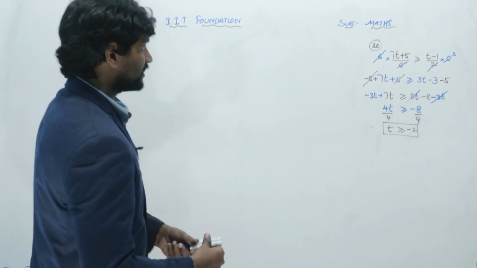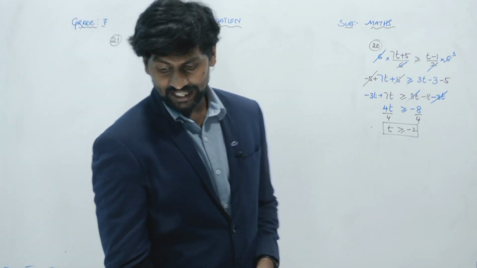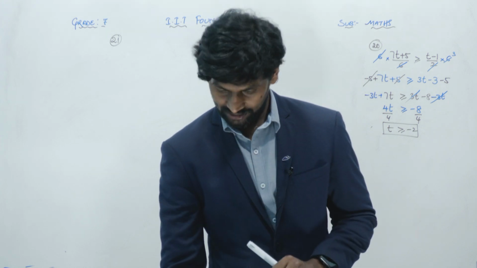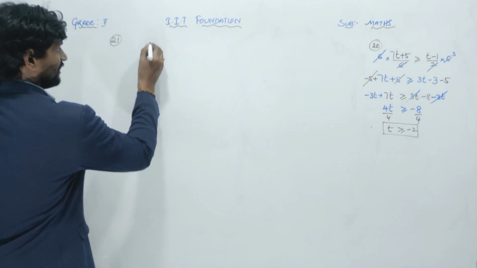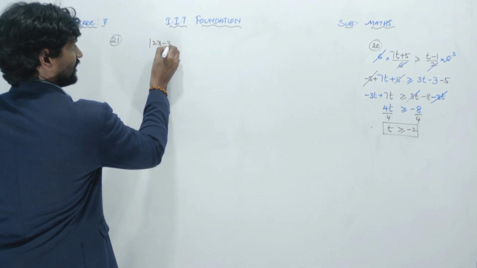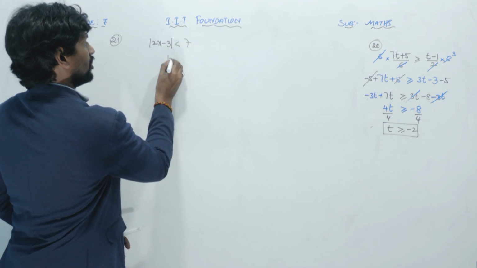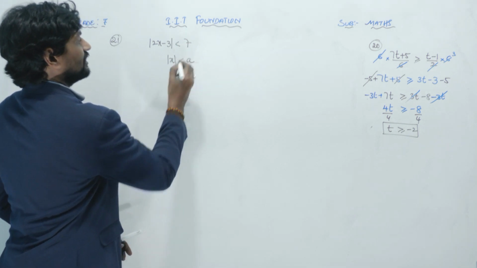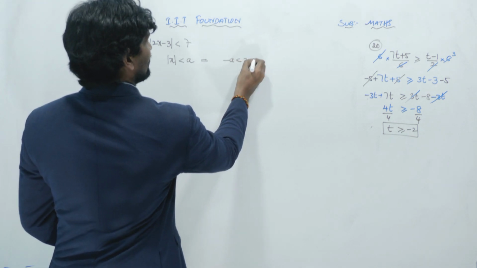Yeah, the 21st question is: the number of integral solutions of modulus of 2x minus 3 less than 7. As we discussed, modulus of x less than a is nothing but minus a less than x less than a.